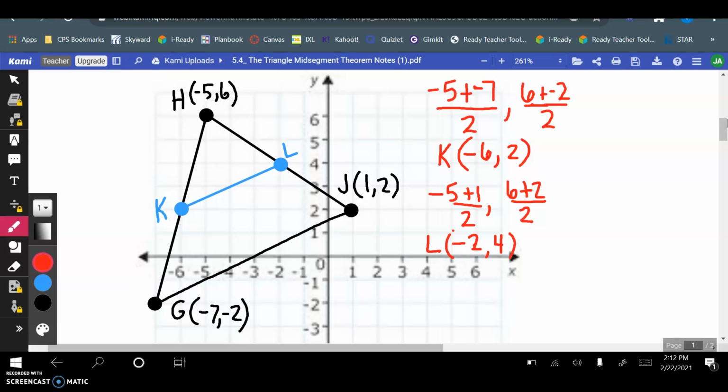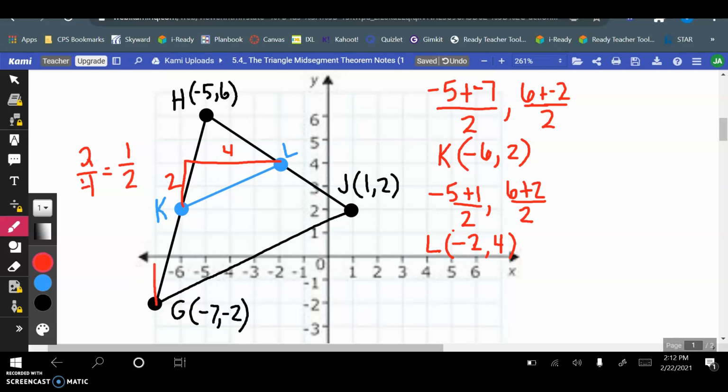Now that we know the coordinates and we know that our points are right here, we can find the slope of KL because we have to prove that it's parallel to GJ. If it's parallel, they have the same slope. So I am going to go up and over. I go up 2 and I go over 4. So my rise over my run is 2/4, which reduces to 1/2.